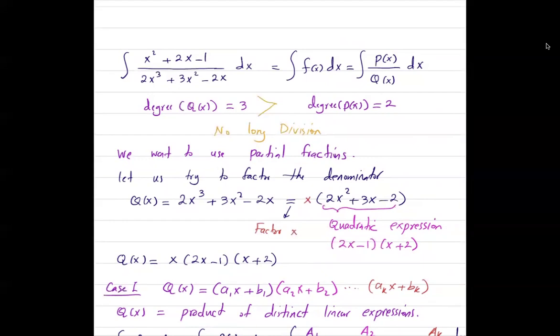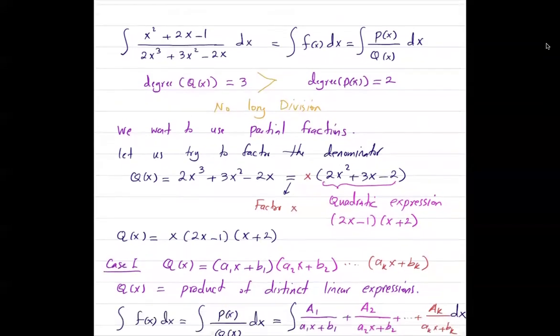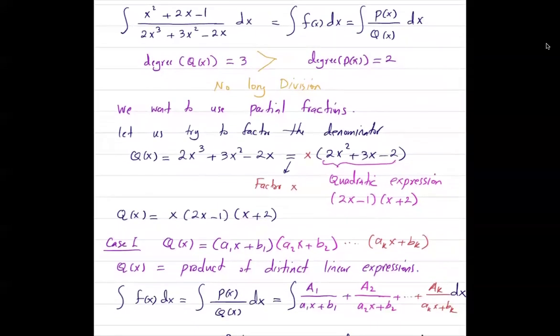Our goal is to try to break the denominator down into smaller pieces. When we try to factor out x, we ended up with a quadratic expression, which was easy to work with. The quadratic expression can be broken down into 2x minus 1 times x plus 2. So this is your denominator, x times 2x minus 1 times x plus 2, which is basically case 1.